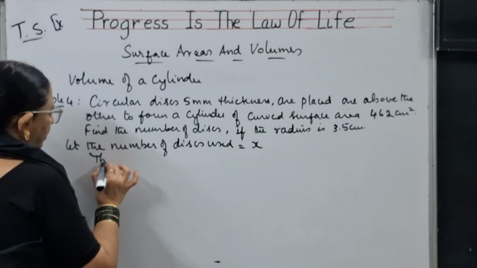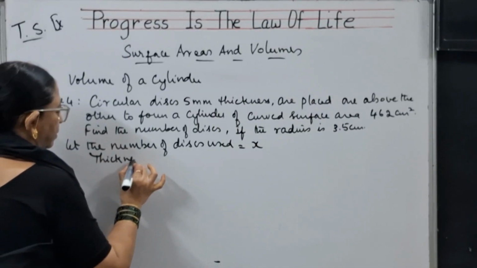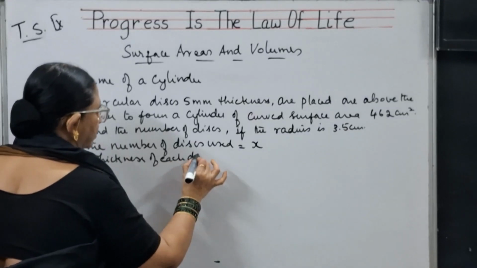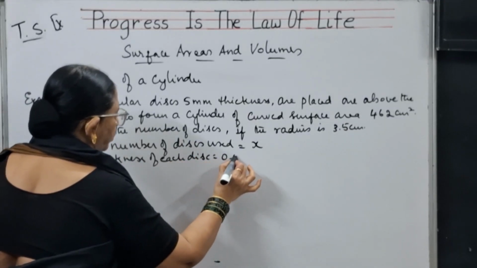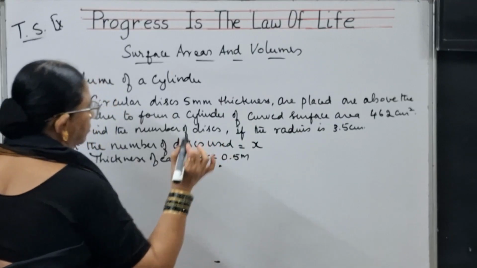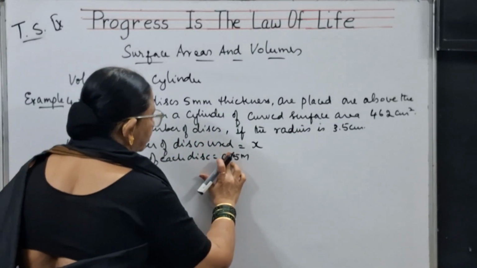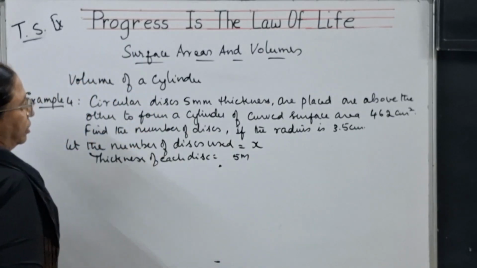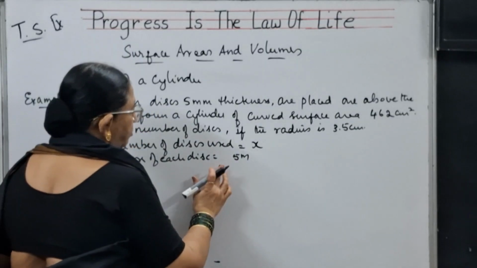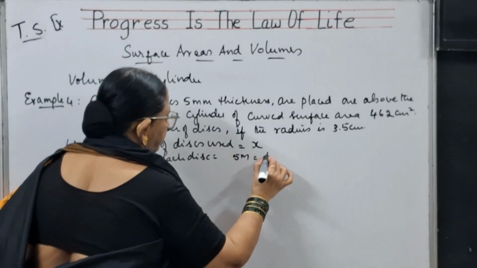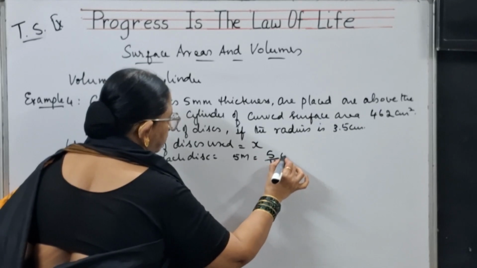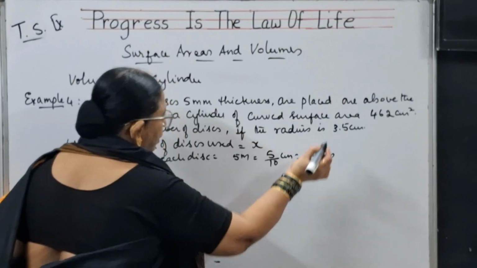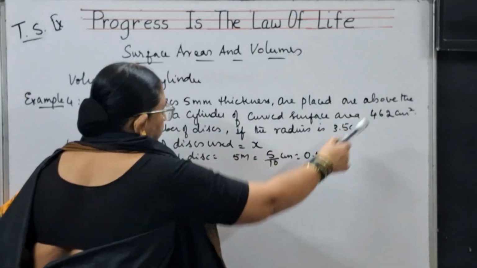Now, what is the thickness of each disc? Thickness of each disc is 5 mm. They have given the thickness as 5 mm. If it is 5 mm, you have to convert it into centimeters. So 5 mm can be written as 5 by 10 centimeters, that means 0.5 centimeters, because all the measures are given in centimeters.